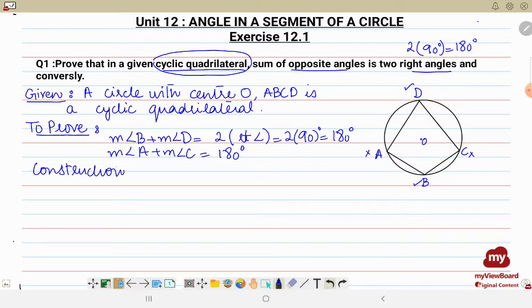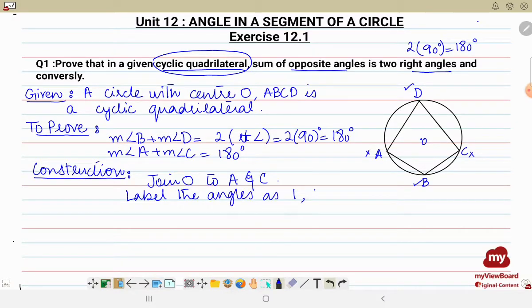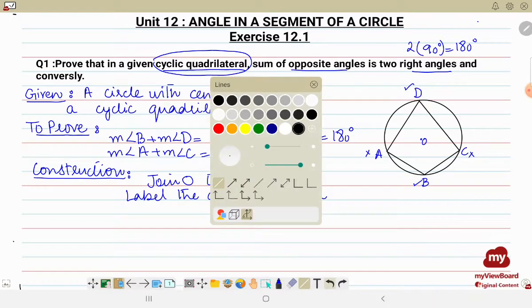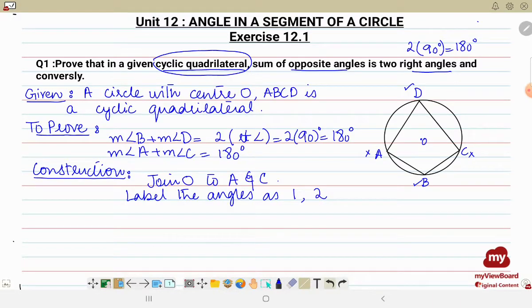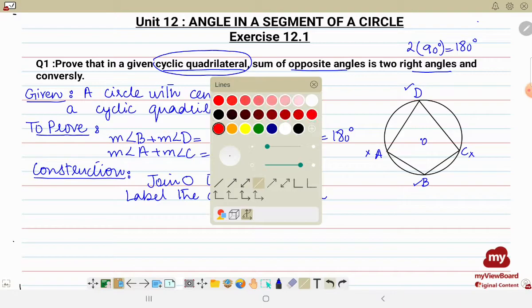In construction, we'll be joining the points. Join O to A and C and label the angles as angle 1 and angle 2. Now let's join the two lines with the other color.